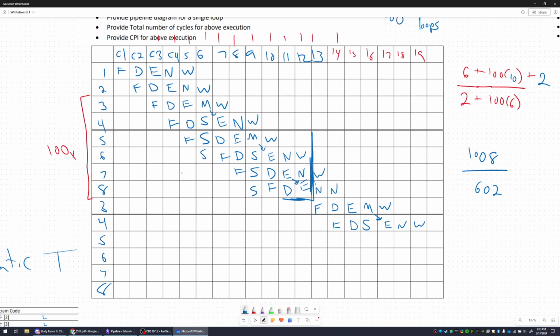So we only count those cycles that aren't overlapping with the next iteration of the loop. So that's from here to here, which is 1, 2, 3, 4, 5, 6, 7, 8, 9, 10.